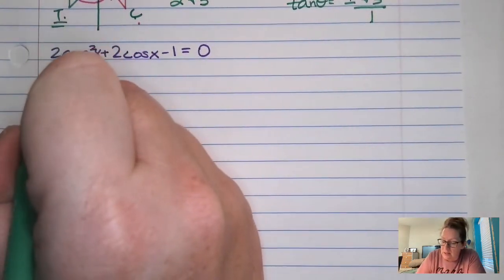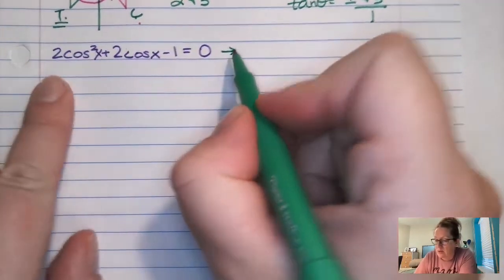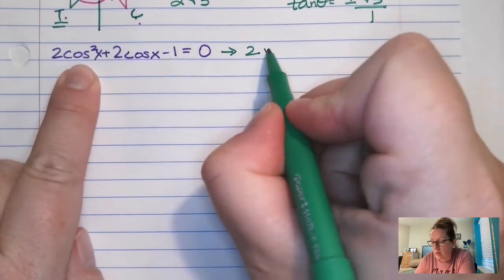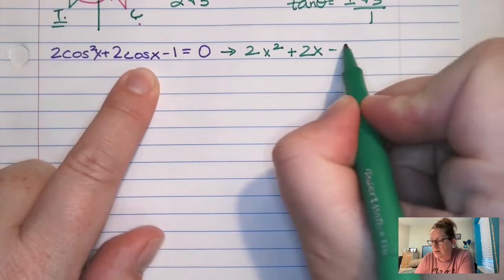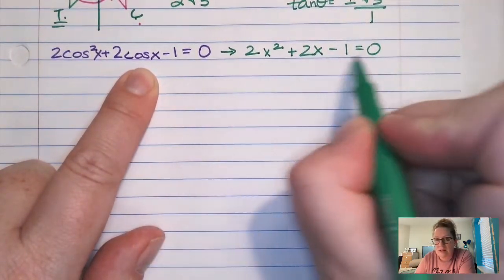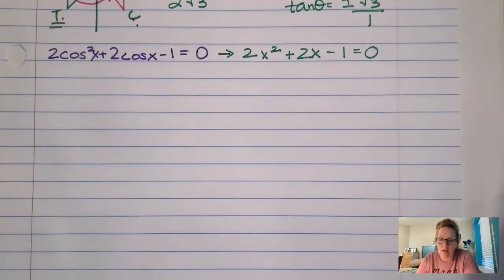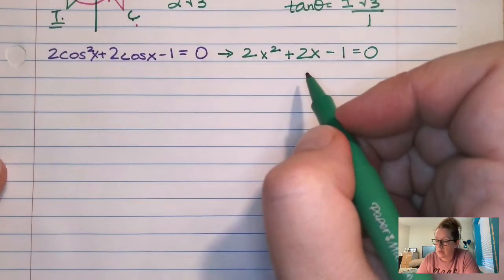So let's write what this guy looks like. 2 weird variable squared plus 2 weird variable minus 1. If I gave you this and told you to do quadratic formula, you would be able to do that no problem, right?